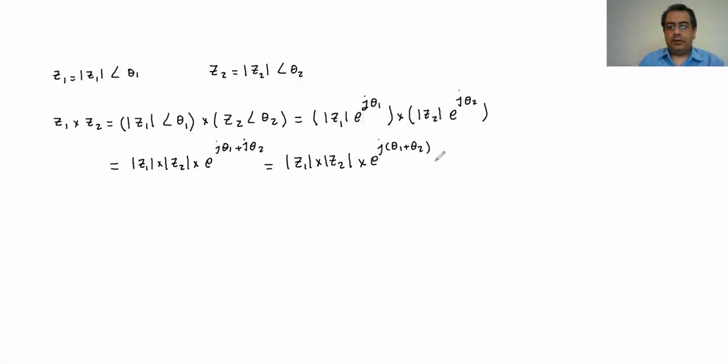And if I rewrite it back into this format, the magnitude is z1 times z2, and the angle is simply theta 1 plus theta 2. So if you multiply z1 and z2, you just multiply the magnitude and add the angle. As simple as that when you are doing it in this form.